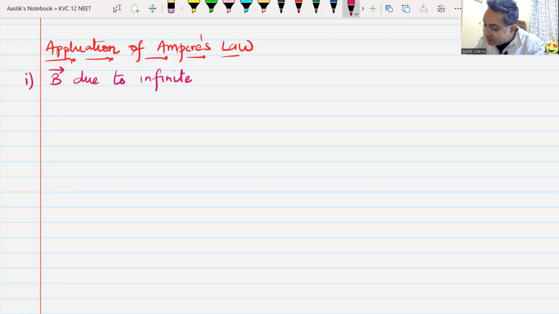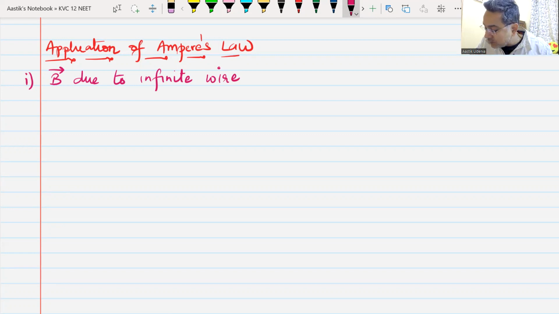We have already seen what is the magnetic field due to an infinite wire. Do we remember? Anyone can tell me the formula? What is the magnetic field due to an infinite wire at any point? Mu naught I by 2 pi r.